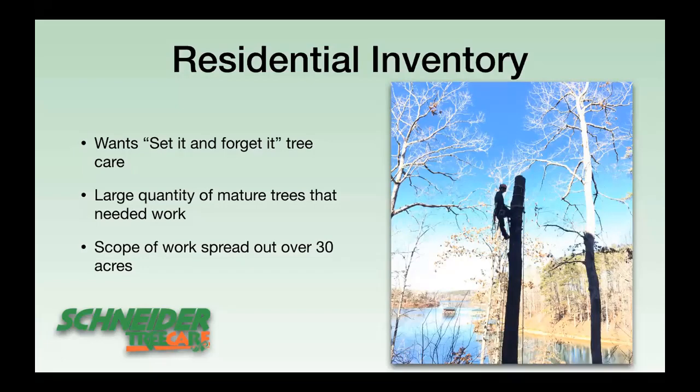And then also the scope of work for our crew leaders was spread out over a very large area. So being able to say to the crew leader in the morning, I need you to go prune trees number 25 to 35 or whatever they were working on for that day, being able to have a clear, open line of communication with your crew leader and write that on the work order, it allows you to cut down calls when they drive 50 minutes from your office and get to a site with a bucket truck and a chip truck and a chipper.